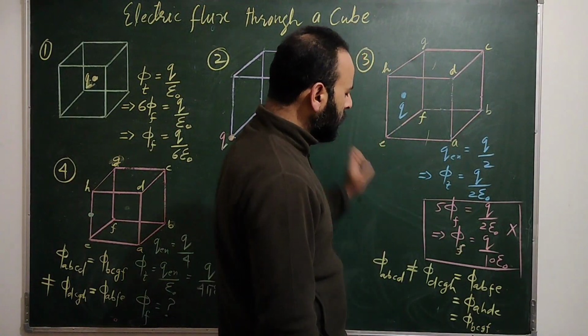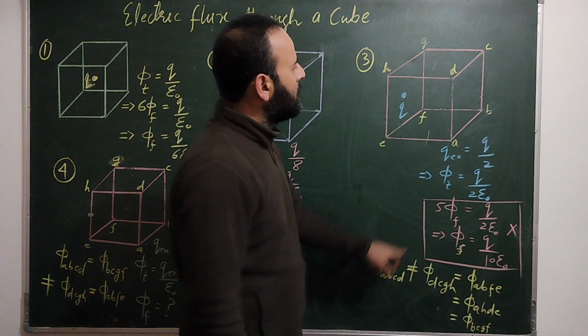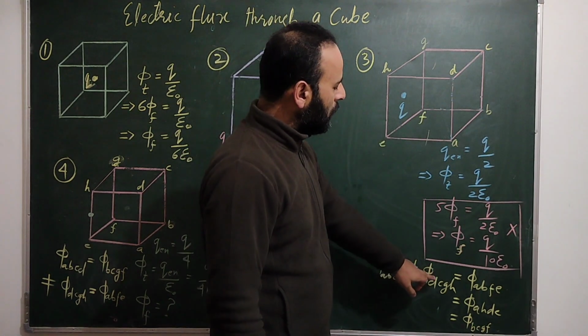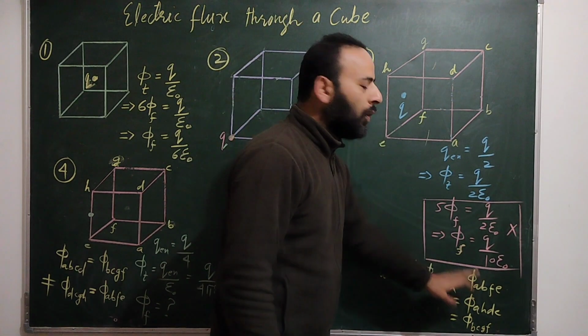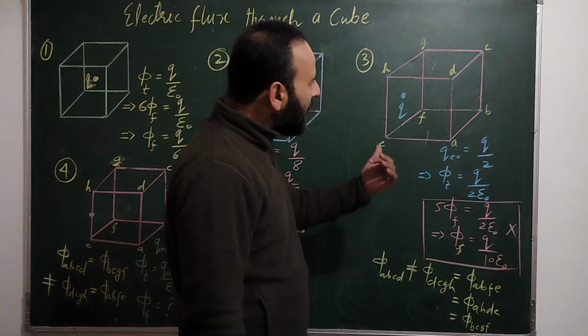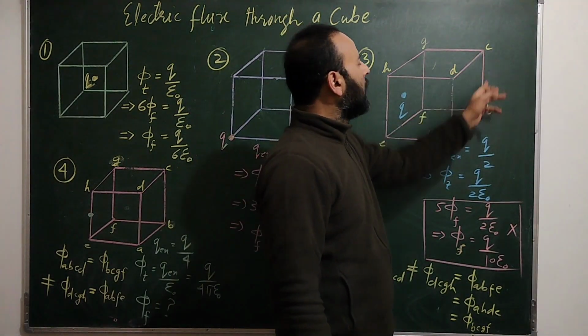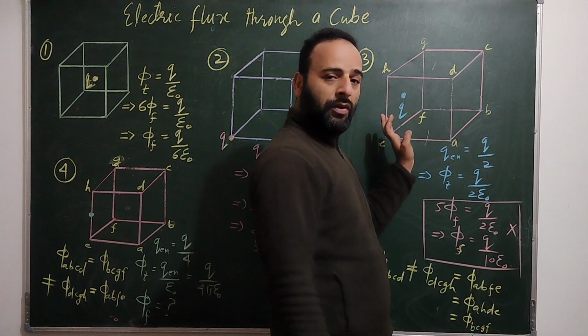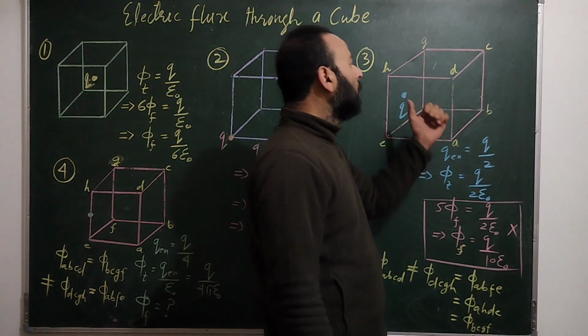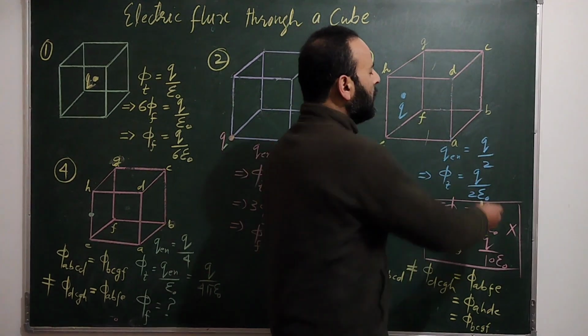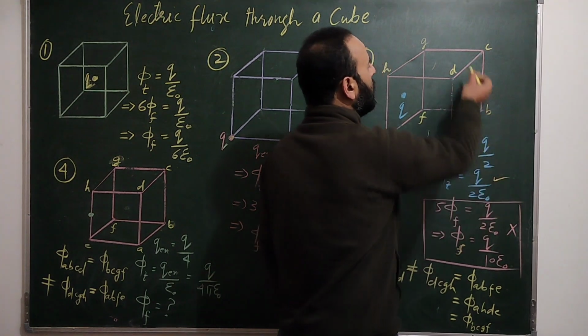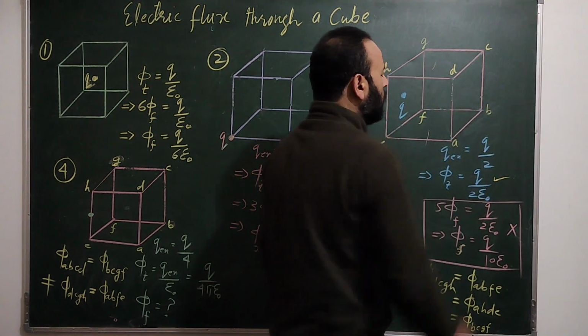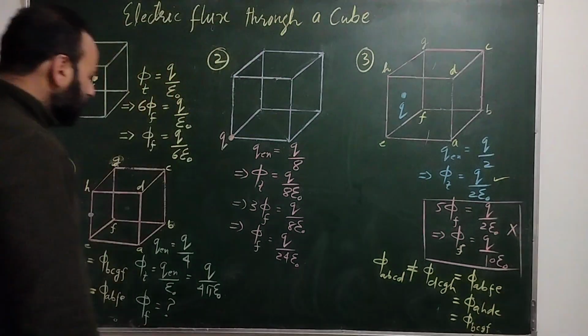So the flux through this ABCD is not equal to the flux through the other 4 faces. Now, is there any way to calculate the flux through this face and the other faces directly, so that we can add them and get the total flux through the cube as Q divided by 2 epsilon naught?